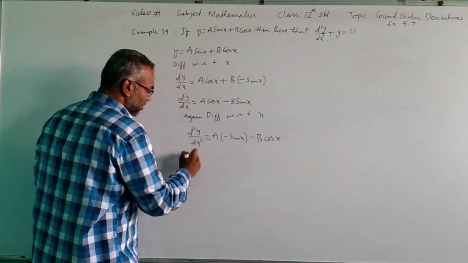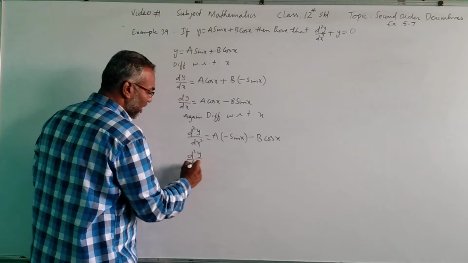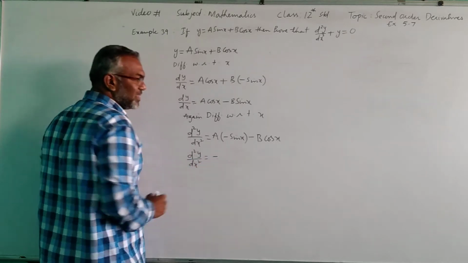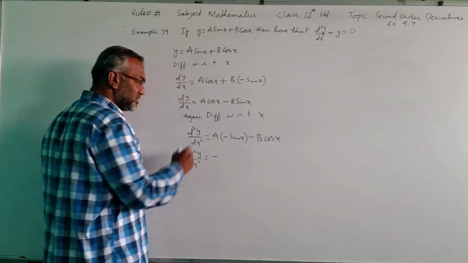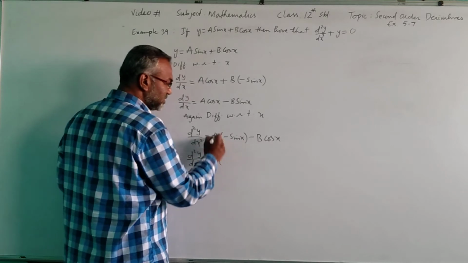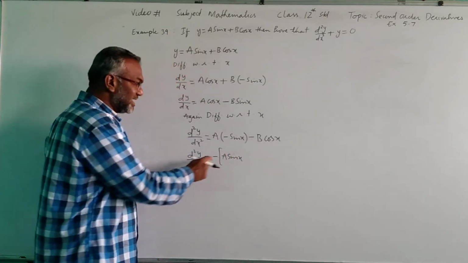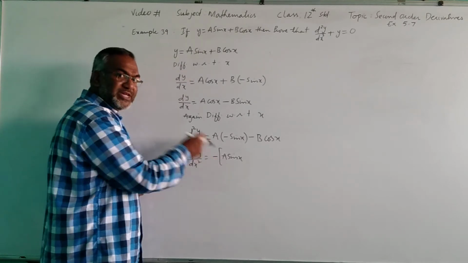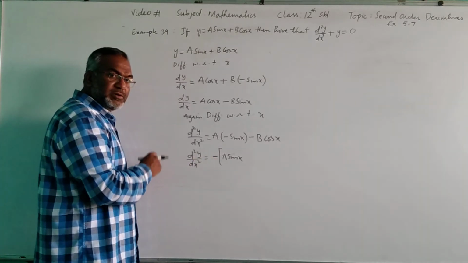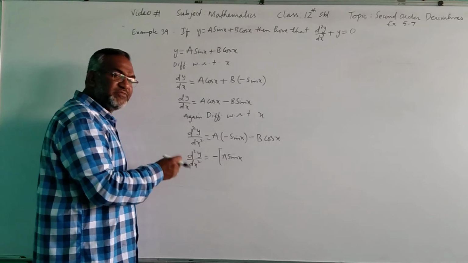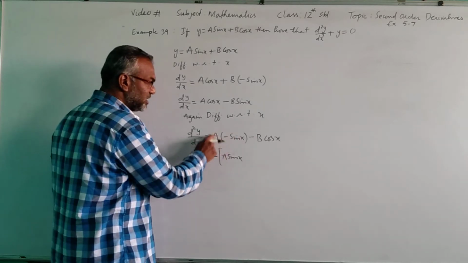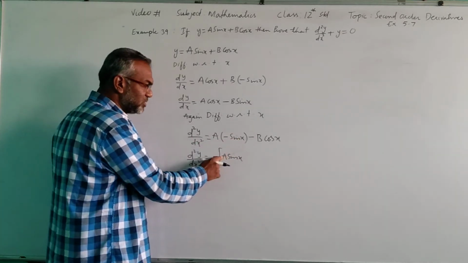So it becomes d square y by dx square is equal to, take minus common, so it becomes a sin x. Since we are taking minus common, what happens? Positive becomes negative, negative becomes positive. This is negative, because of this minus and it became positive.